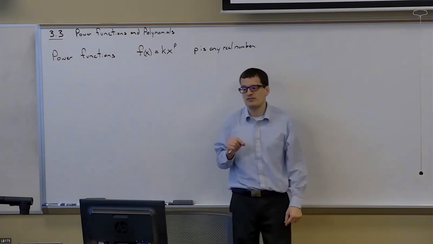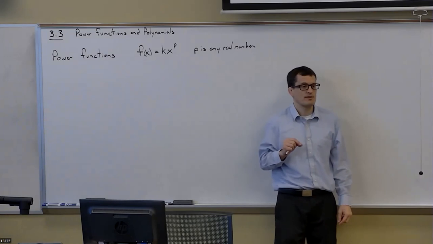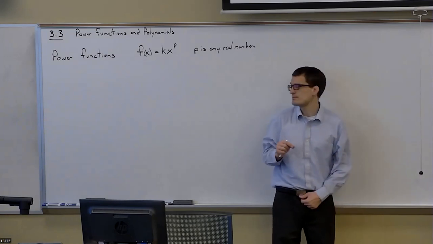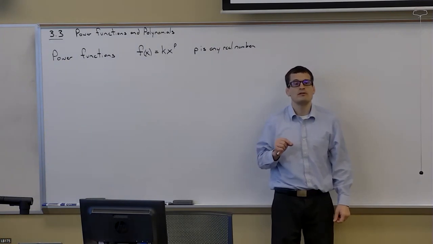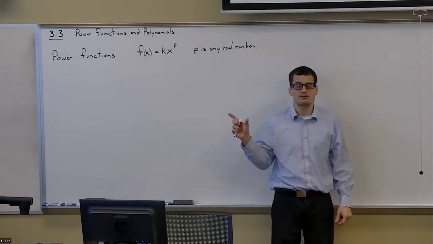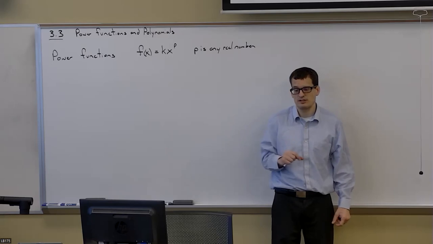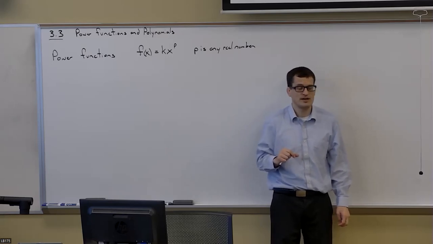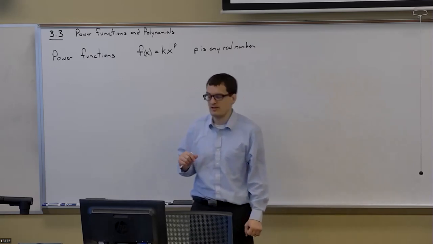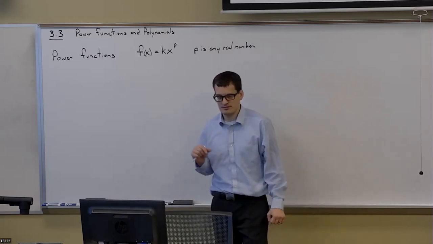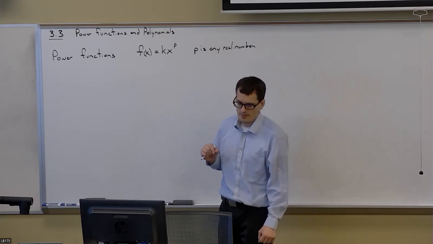When p is a whole number and even, well, then both sides are going to infinity or both sides are going to negative infinity, depending on whether k is positive or negative. That's kind of what we looked at last time.